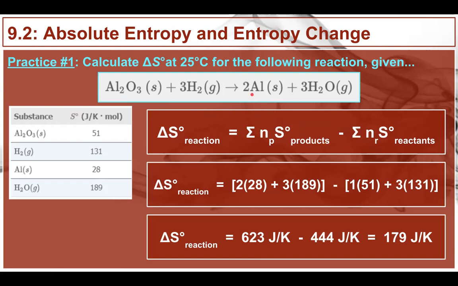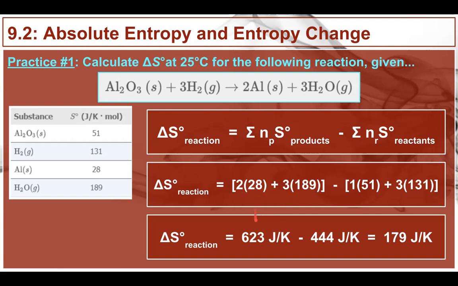For our products, we've got 2Al. So this would be 2 moles times its standard entropy, which is 28 joules per Kelvin times mole. I didn't write those units in just to save some space. Plus 3 moles times 189 joules per Kelvin times mole. The moles times the joules per Kelvin per mole, the moles will cancel out and leave you with just joules per Kelvin, which is what I've demonstrated down here. Those are our products.